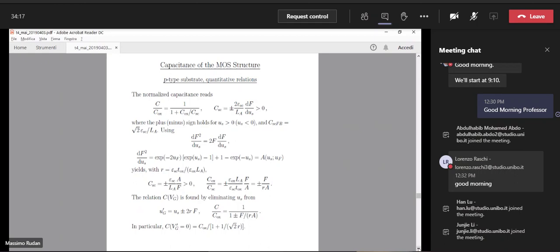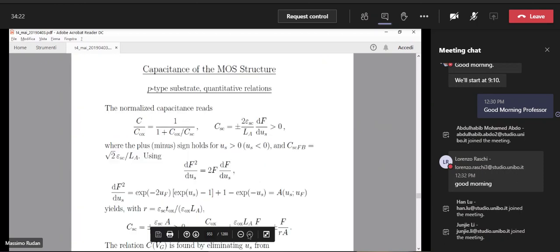The latter is called CSC, and its definition is shown in the first line. There is a double sign because we must choose a sign depending on whether we have a positive value of the surface potential or a negative value. Okay, so that this capacitance is always positive.